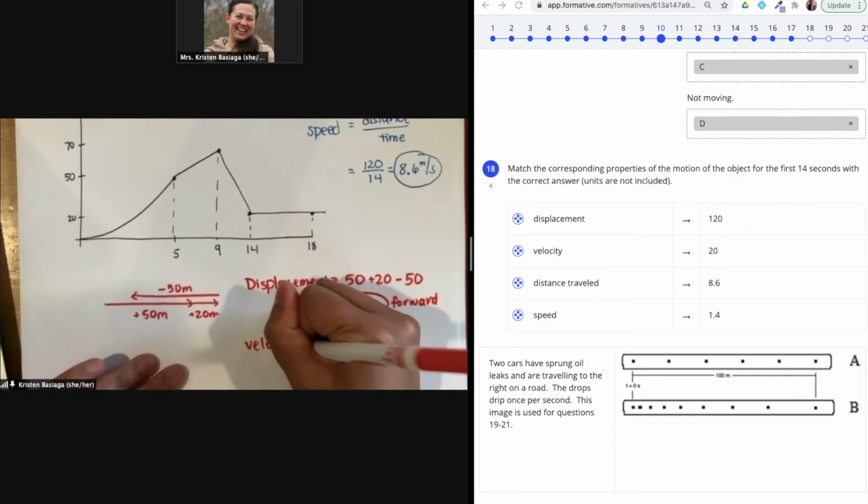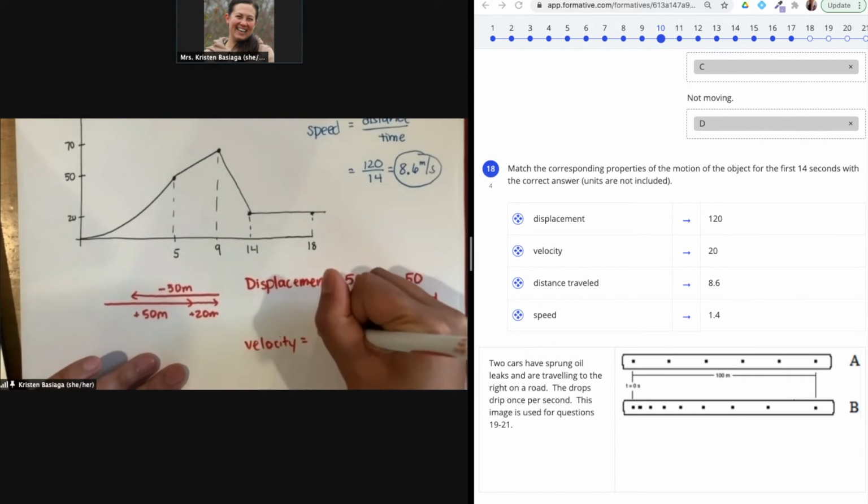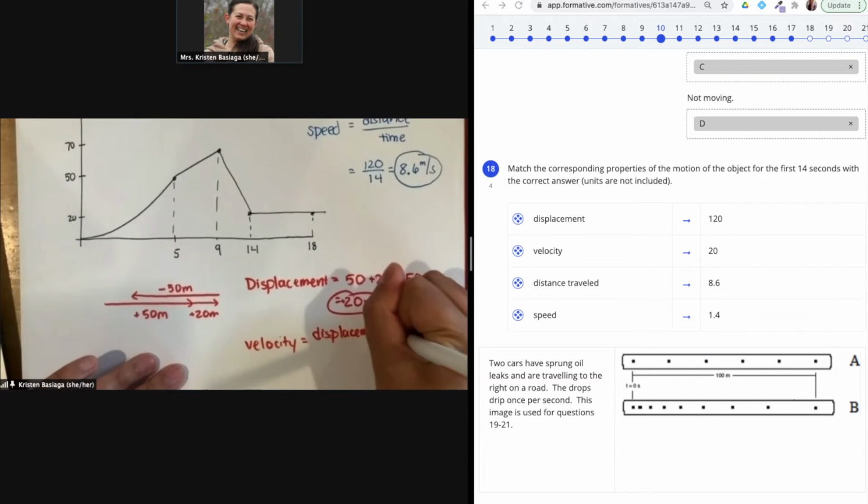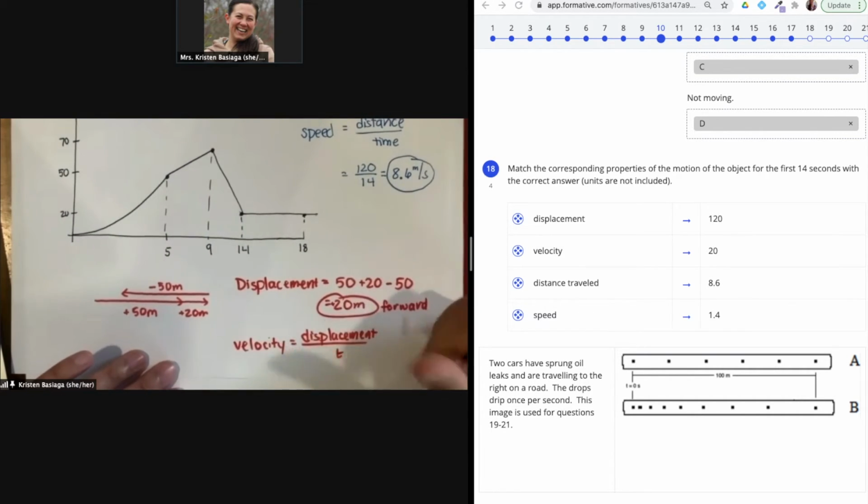Velocity is displacement over time. So I would put displacement is 20 in 14 seconds. That makes the velocity 1.4 meters per second and positive because it's moving forward overall.